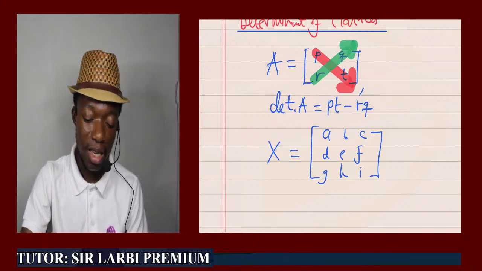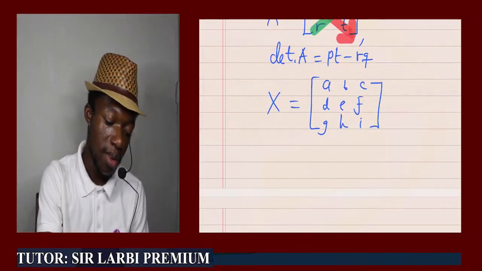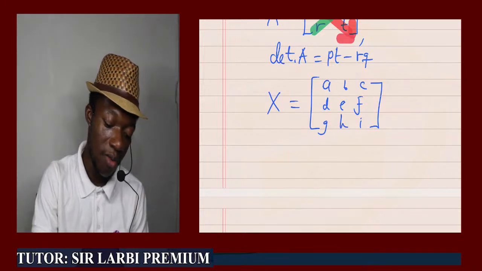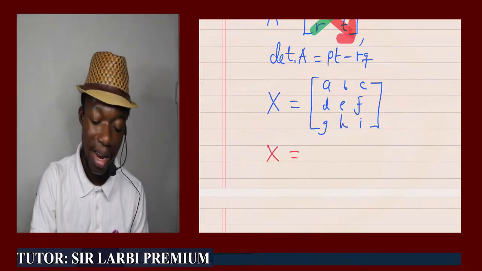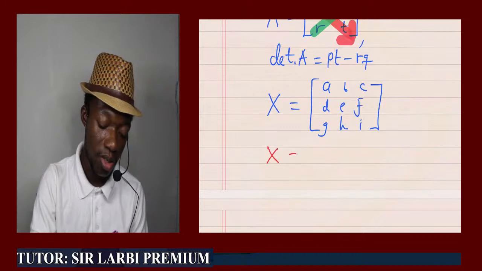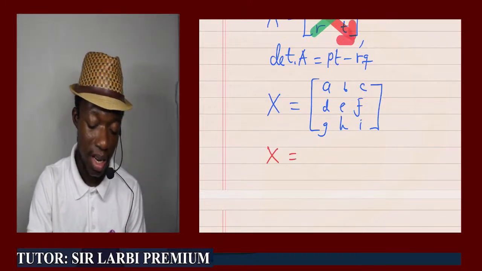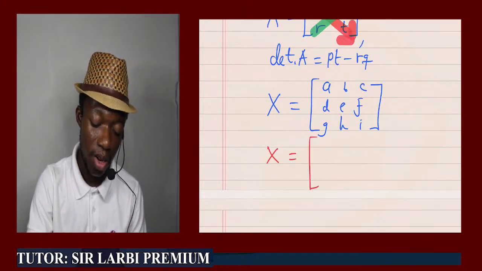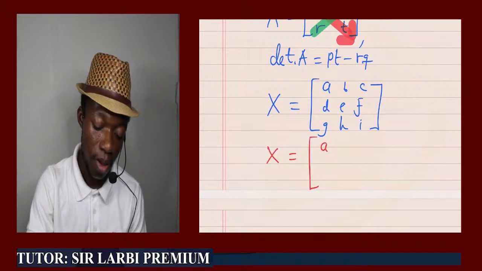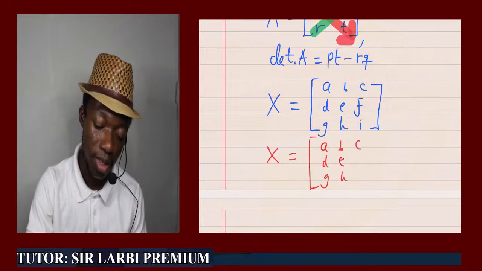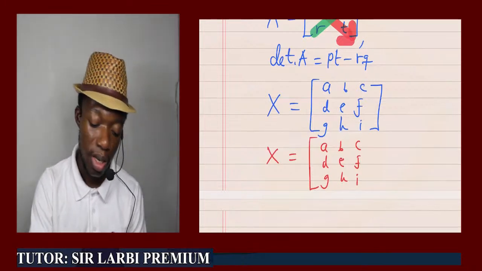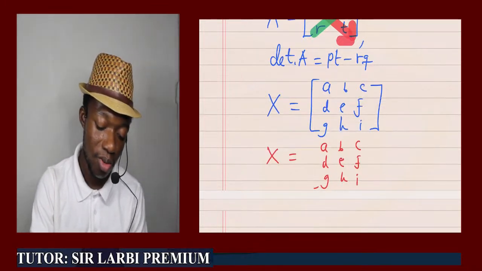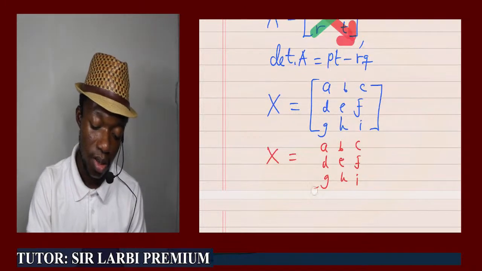So by extension we will have an adjusted matrix, a new matrix. You will have A, D and G, B, E and H, C, F and I. But the next thing you want to do is that even with that, you want to get rid of this for now.